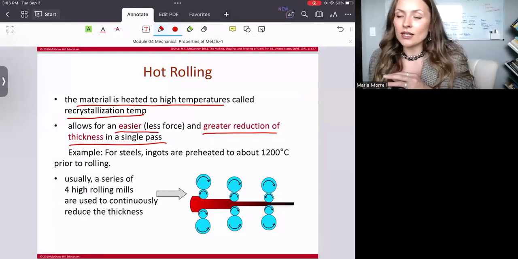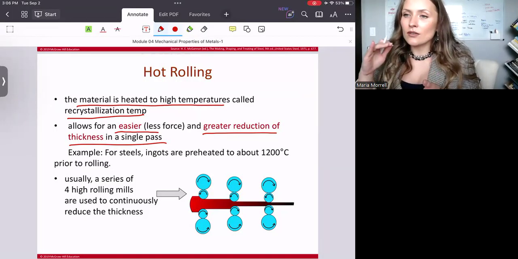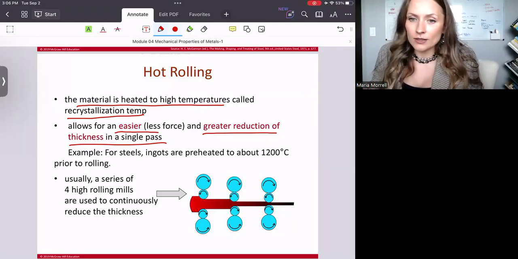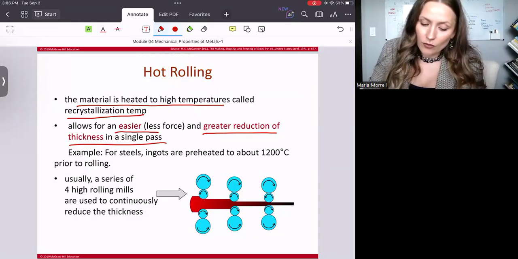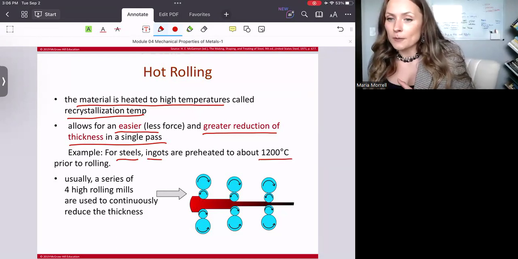Due to the temperature, it allows us to reduce the thickness a lot more, because it requires less force, less energy, right? For example, for steels, typically the ingots are preheated to about 1200 degrees C prior to rolling.